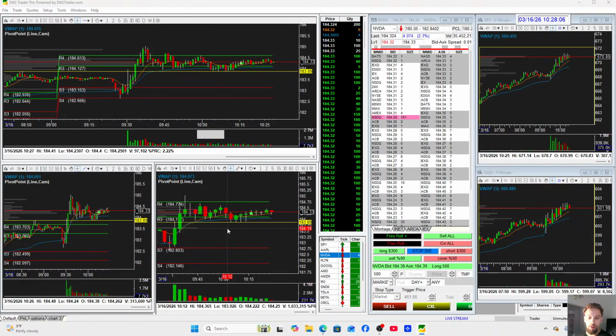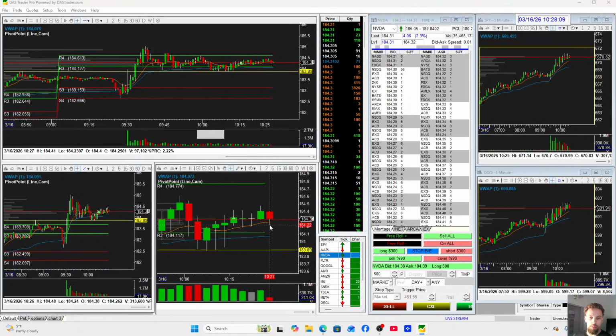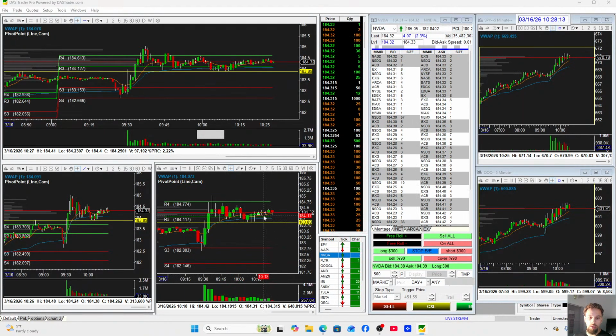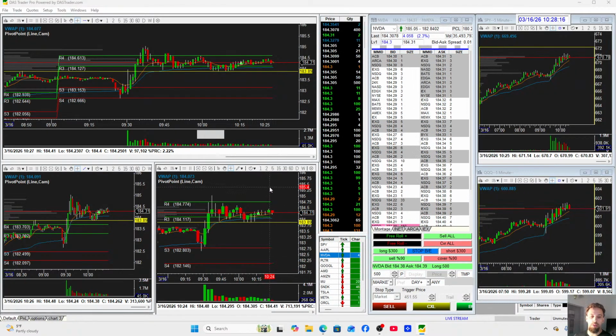Looking at the EMA here, the 9 EMA seems to be respecting it as of right now. Seems to really like this moving average for a trend.